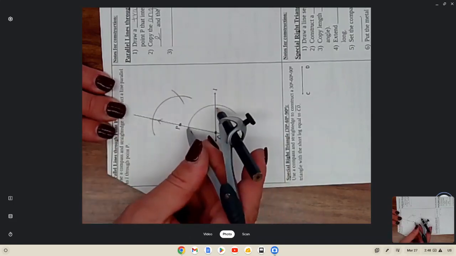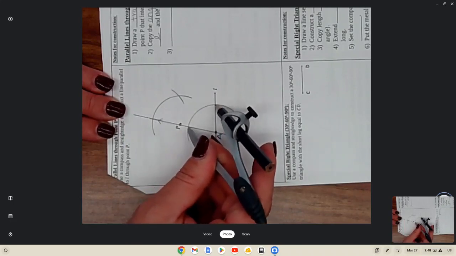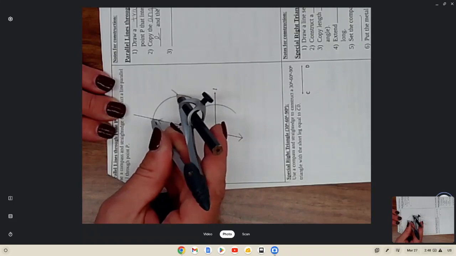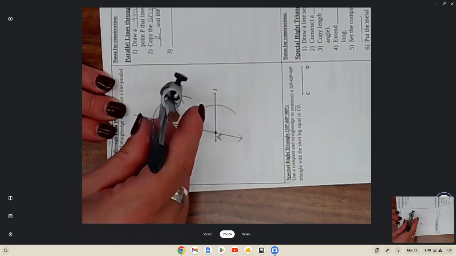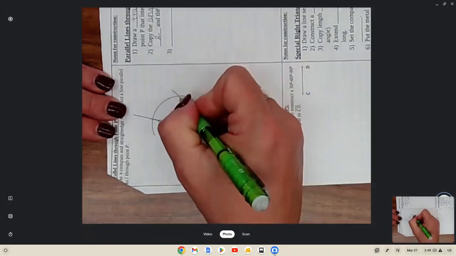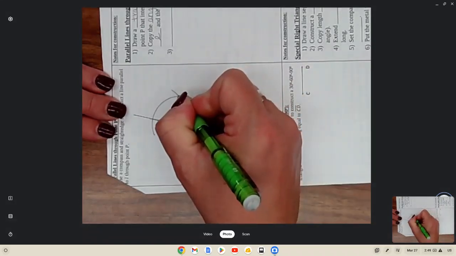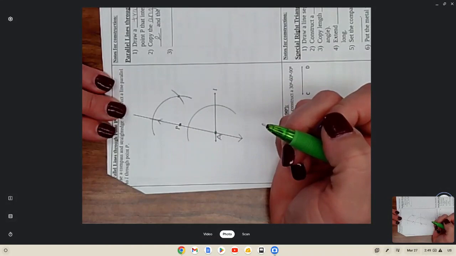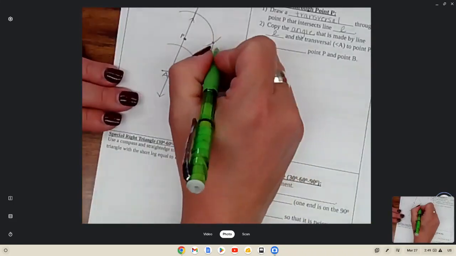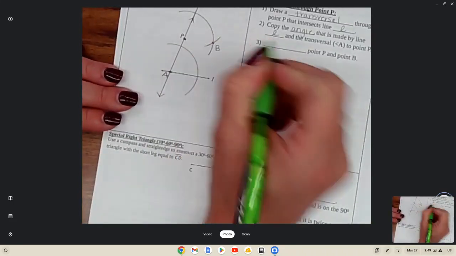Okay, so again, I took this distance, and then I moved up here. I just transferred up here and I made an arc right here. Okay. And then right at that point of intersection, I'm going to call that point B.